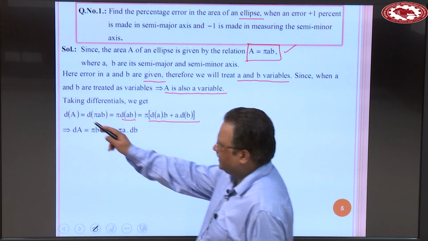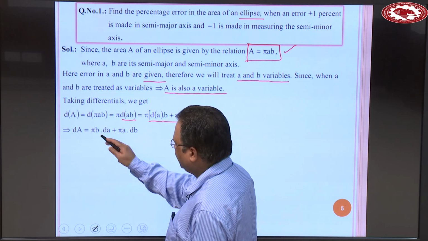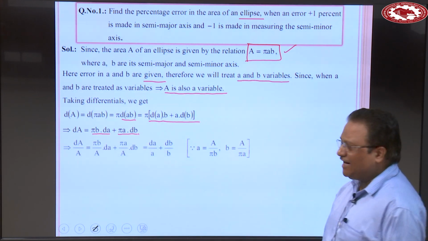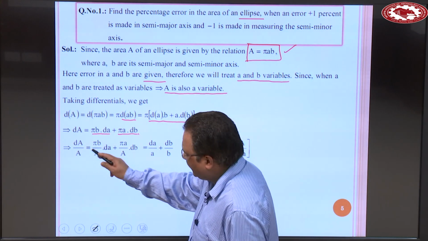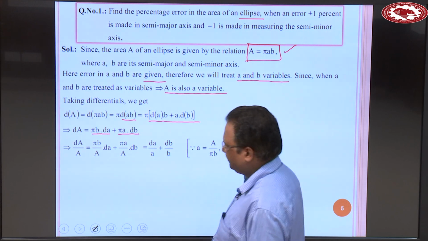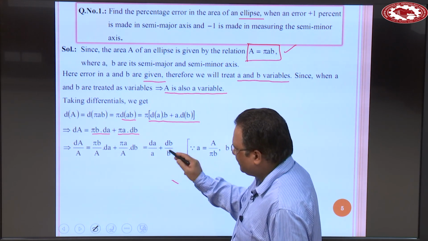This means dA is equal to pi B dA plus pi A dB. Now, divide by the area. So, when you divide by the area, dA over A is equal to pi B over pi AB dA plus pi A over pi AB dB, so it becomes dA over A plus dB over B.